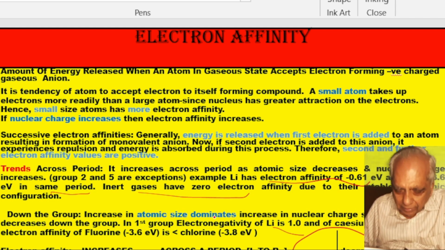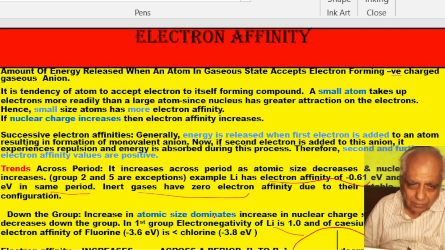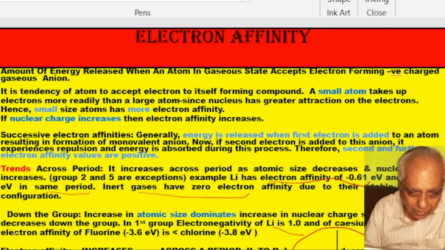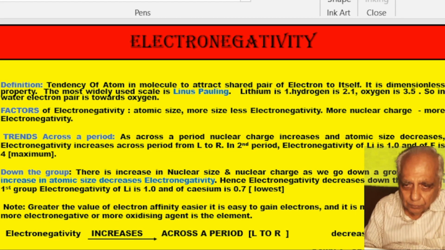In the case of a group, the increase in size dominates the effect of the increase in nuclear charge. So as the size is increasing, electron affinity down the group will decrease. Okay, so we move to the next slide.